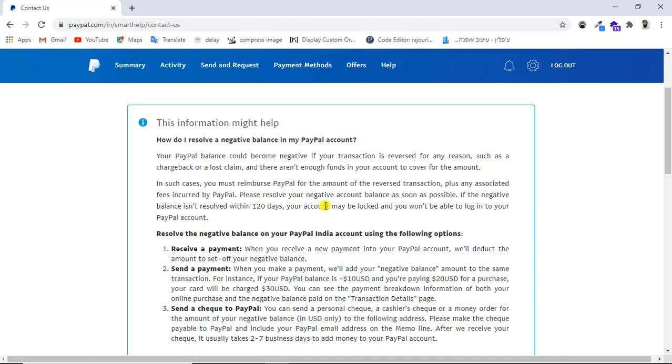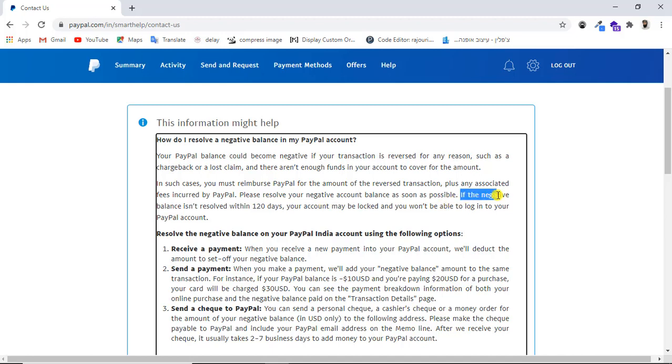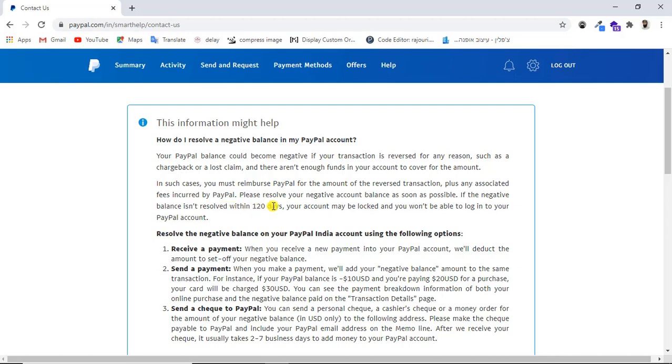You can see that if the negative balance is not resolved within 120 days, your account may be blocked and you won't be able to log into your PayPal account. So that means this is critical, and you need to pay as soon as possible so that your account is not blocked by PayPal.